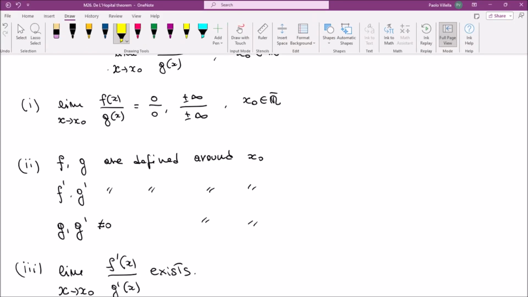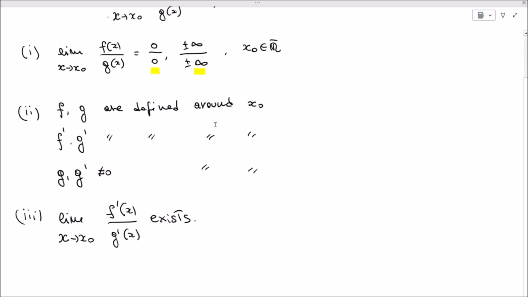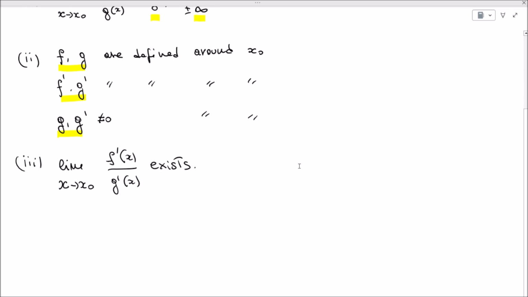If we have an indeterminate form of the type 0 over 0 or infinity over infinity, then we know that these two functions, f and g, together with their derivatives, are defined around x naught, and also we know that g and g prime are different from 0 in that neighborhood of x naught, and we finally see that the limit of the ratio of the derivatives exists.